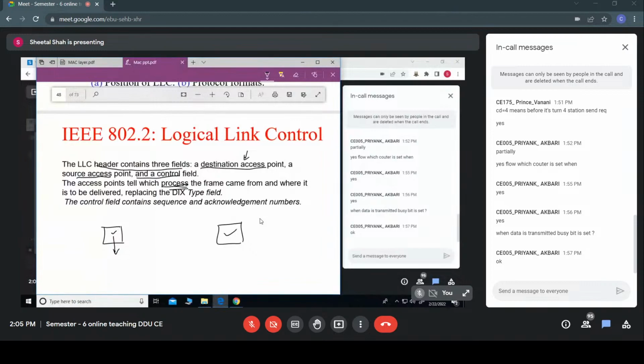So the destination process number as well as the source process number can be provided with this field, which is embedded into the header of this LLC. Whereas the control field contains the sequence number as well as the acknowledgement number. Hope this is clear, what is the role of the LLC, or the logical link control?